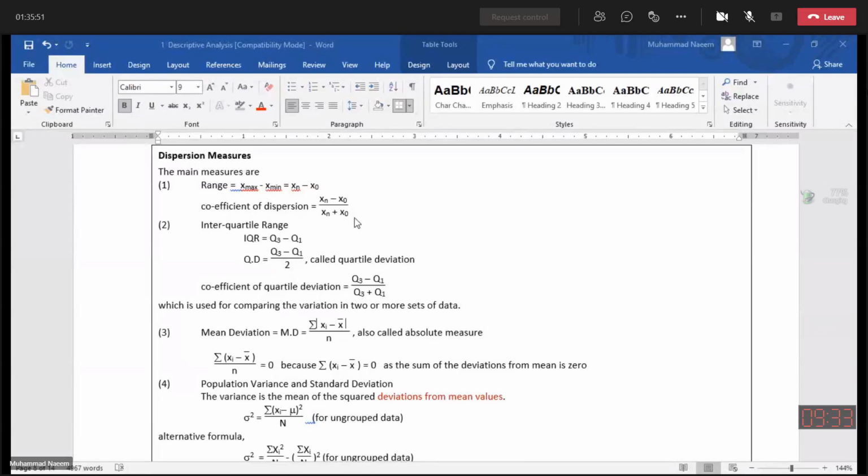Mean deviation. Here we have used a modulus, that's why this is called an absolute measure. We use this when our data contains both positive and negative values.